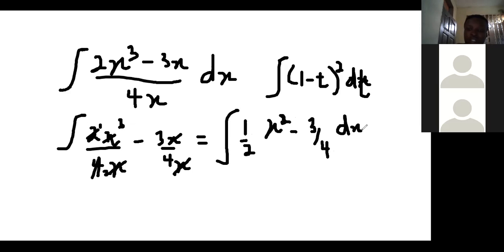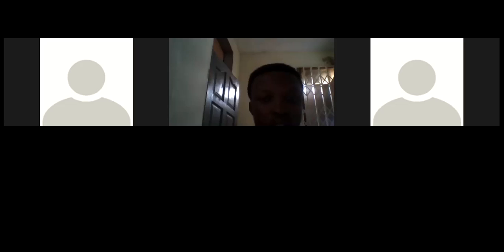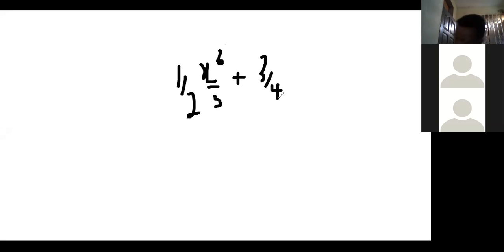Now, when we are integrating, this will give us 1 all over 2 times x raised to the power 3 all over 3, minus, this is a constant, so we add x to it, so minus 3 over 4 x plus c.